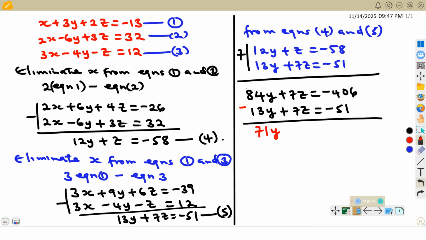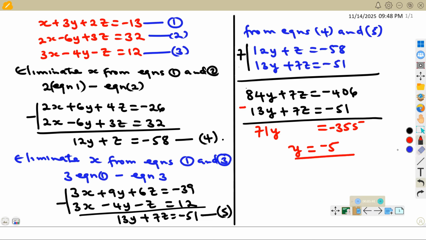So y is equal to negative 355 divided by 71, and this will give us negative 5. So the value of y is negative 5.